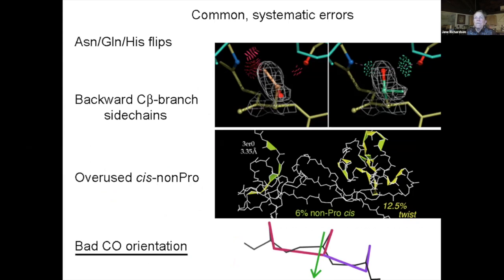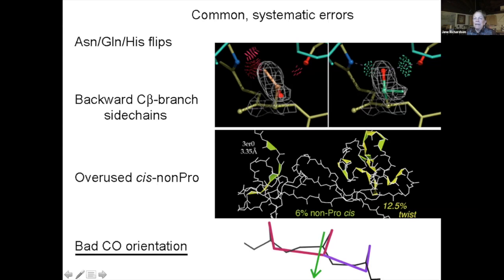And so we started off doing asparagine, glutamine, and histidine flips a long time ago, and then looked particularly at backwards beta branch side chains, where if the density is sort of straight across or even not there, you can easily fit something 180 degrees backwards. And that's a doubly eclipsed bond angle at that point, bond dihedral. They're less common now that we made a big deal over them.